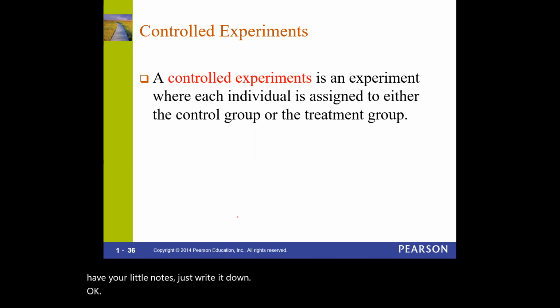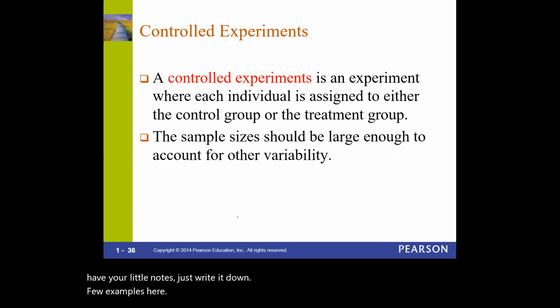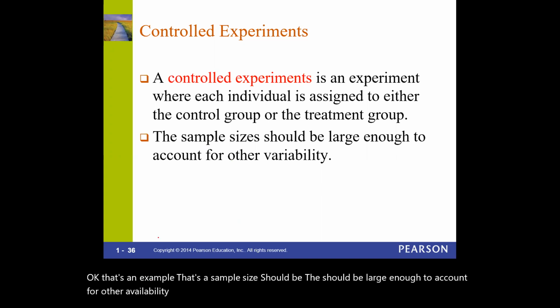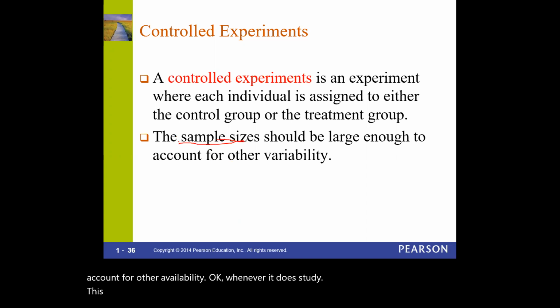So a few examples here. The sample size should be large enough to account for other variability. Whenever you do a study, this one is very important. We're going to talk about sample size very often in this class because that's very important.